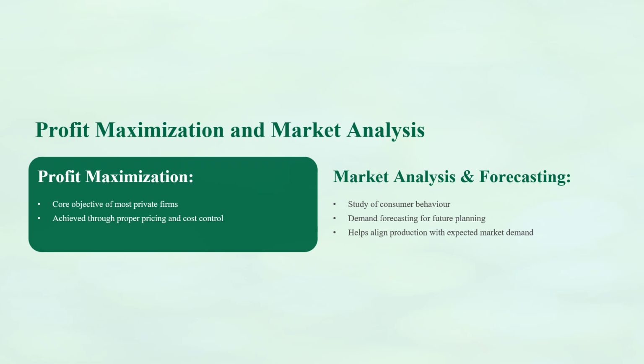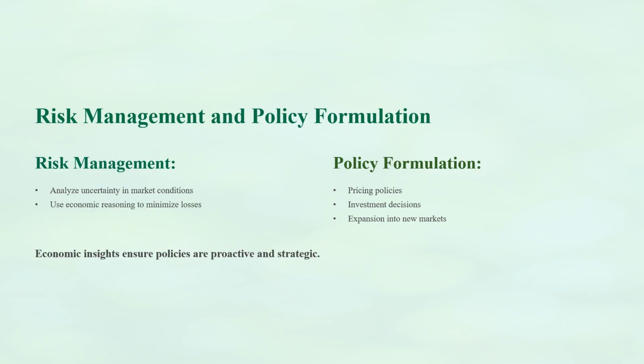Managers also have to look at consumer behavior and demand forecasting for future planning, which helps align production with expected market demand. Moving on to the next slide about risk management and policy formulation, we have already studied that risk management analyzes uncertainty in market conditions and uses economic reasoning to minimize loss.